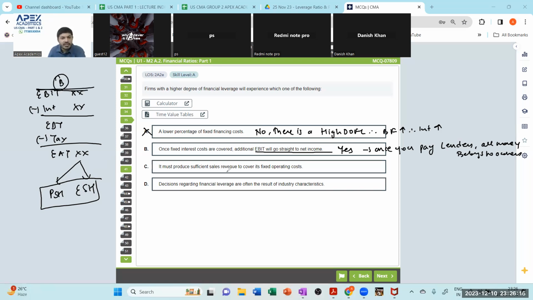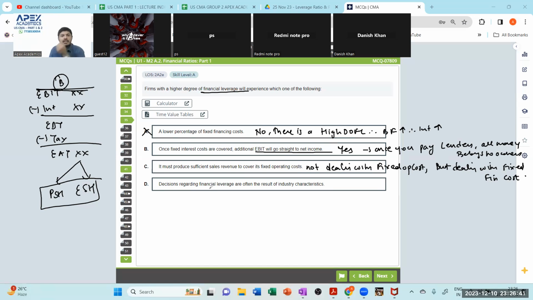It must produce sufficient sales revenue to cover fixed operating cost. My dear friends, high degree of financial leverage. So here we are not dealing with operating cost, but dealing with fixed finance cost.